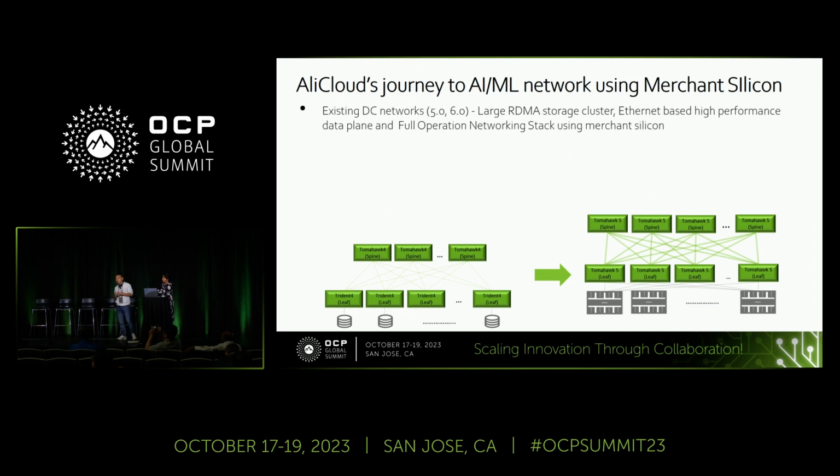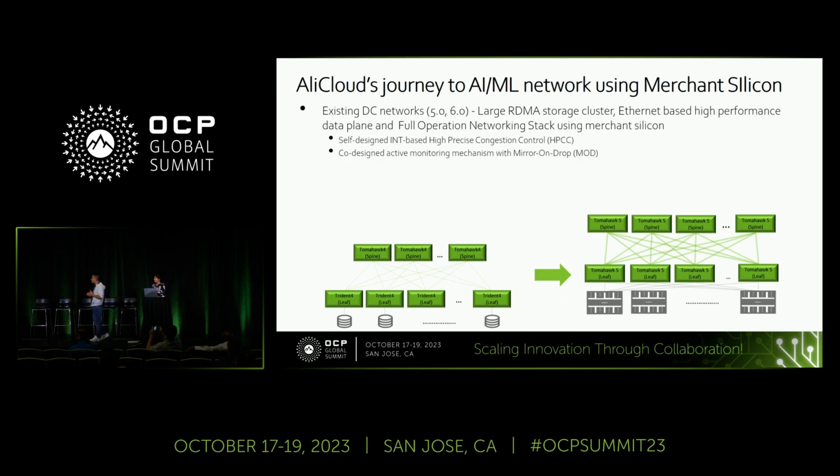Along this path, to achieve the high performance and the stability of the large-scale production network, we have done a lot of work. For example, we self-designed the HPCC congestion control, which uses INT to carry the data plane information to get better utilization of the link bandwidth, as well as low queue and low latency.